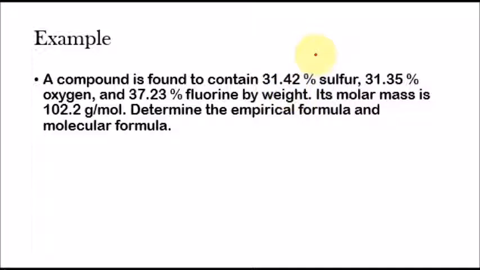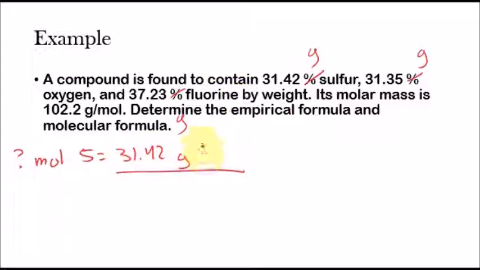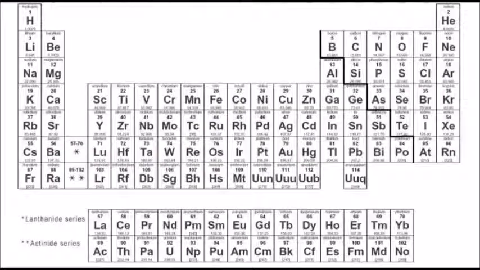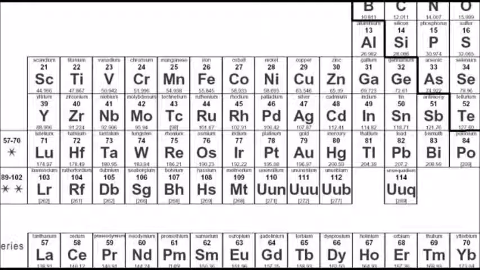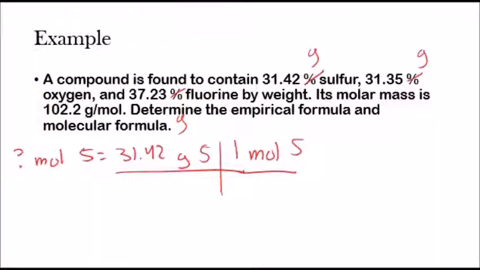So again, same thing. First step, just say these are grams. Next step is to convert all of them to moles. So let's go ahead and do that. How many moles of sulfur is 31.42 grams of sulfur? 1 mole of sulfur has a mass of, let me see here, I think it's 32.065 grams.